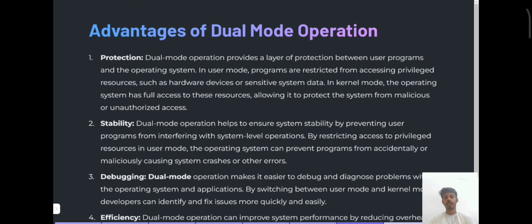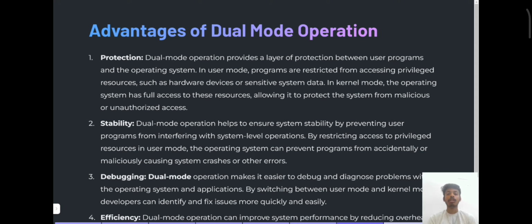Advantages of dual mode operation. Protection. The first point is about protection. Dual mode operation provides a layer of protection between user programs and the operating system. In user mode, programs are restricted from accessing privileged resources such as hardware devices or sensitive system data.